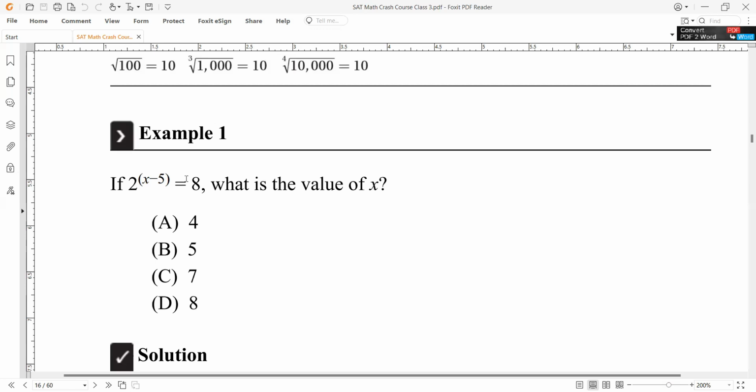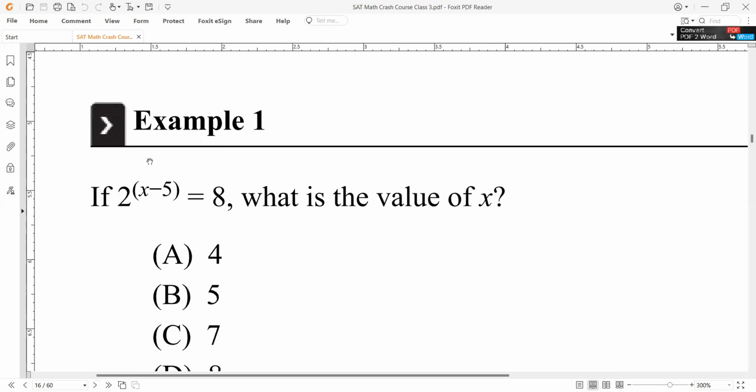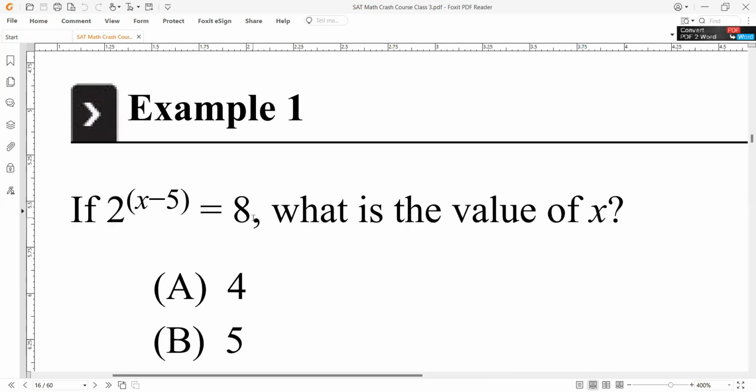Basically, what we can do is make the base look the same on both sides of the equation, because this is 2 to the power x minus 5 and this is 8. Can we somehow manage to write the equation so that they both have the same base?